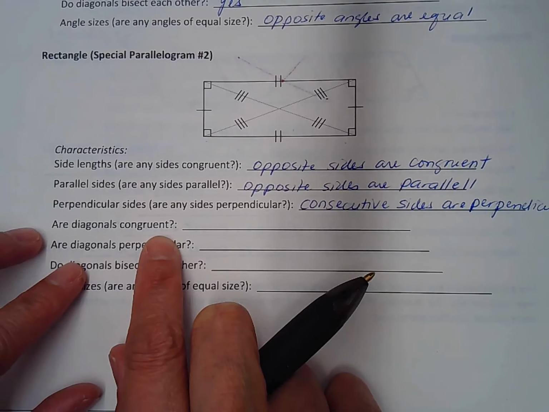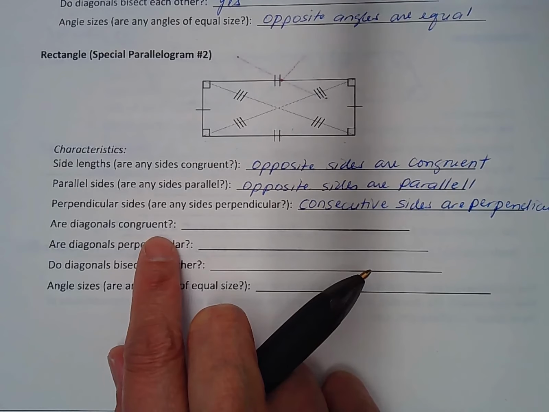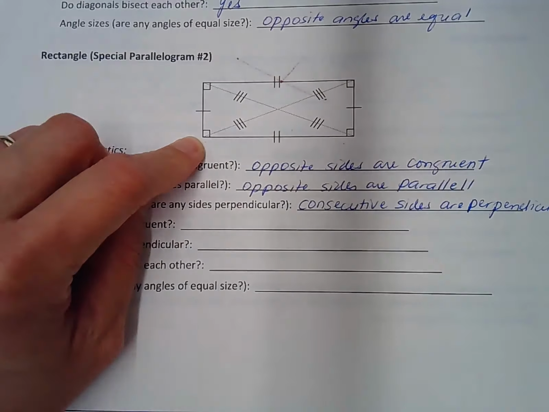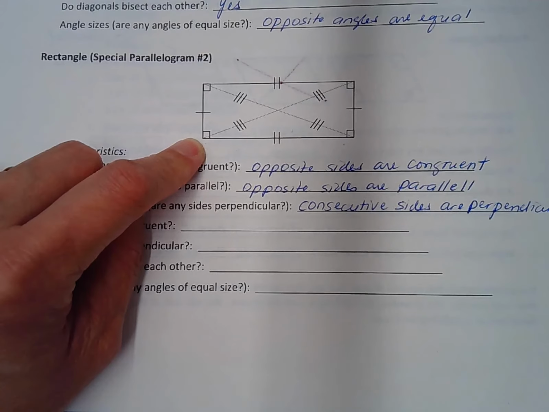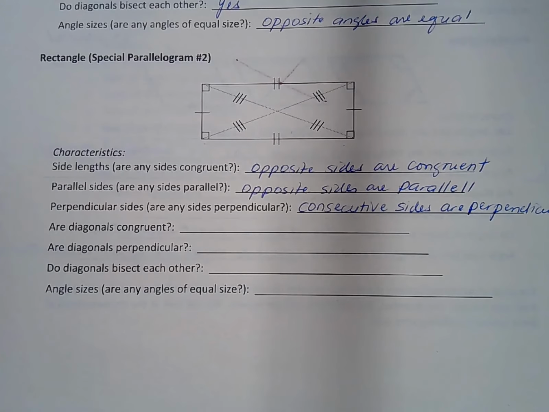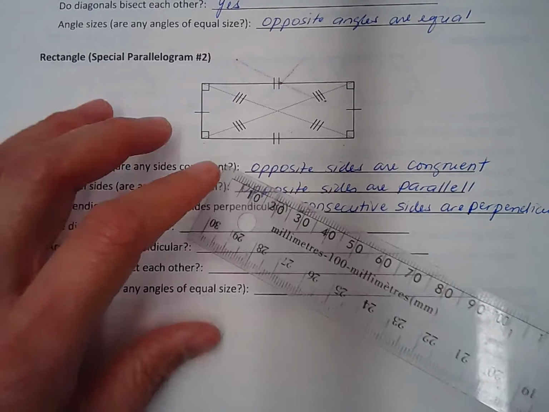Any diagonals congruent? This is the diagonal and this is the diagonal. Diagonals are hard to figure out at this time. Are they congruent? I have to measure it out because I'm not sure.